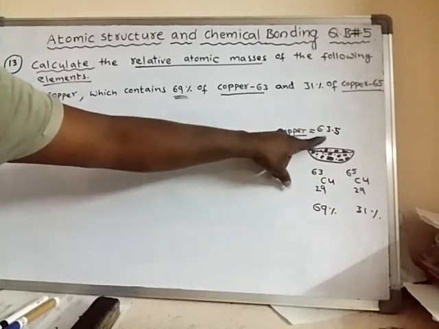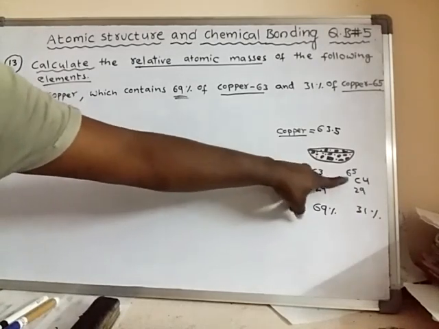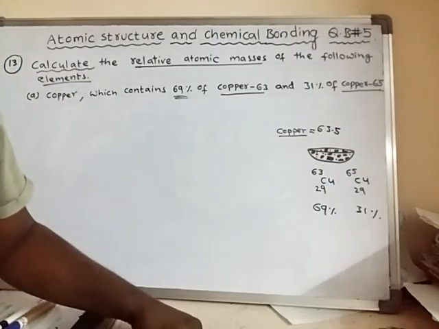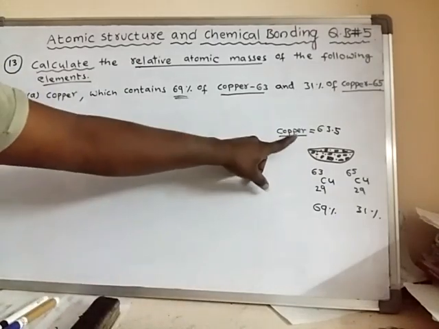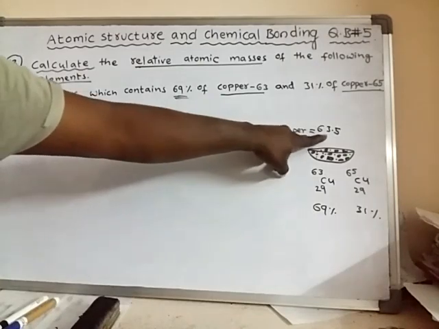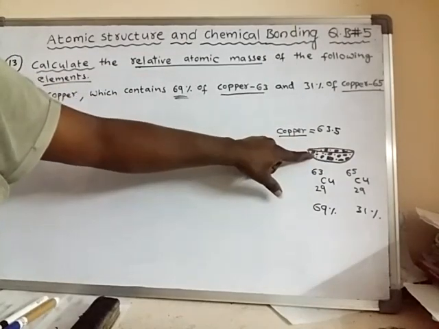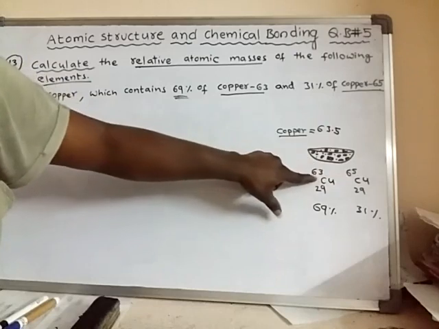Why is it called 63.5? No atom has an atomic mass of 63.5. But generally, we consider the atomic mass of copper as 63.5. What is the reason? Because this particular copper has two types of atoms.